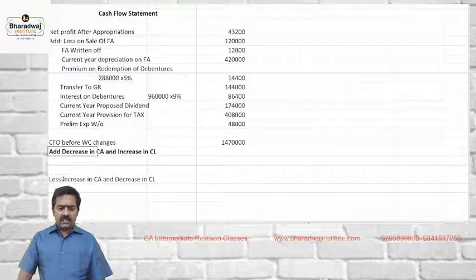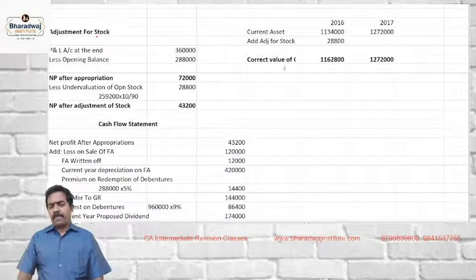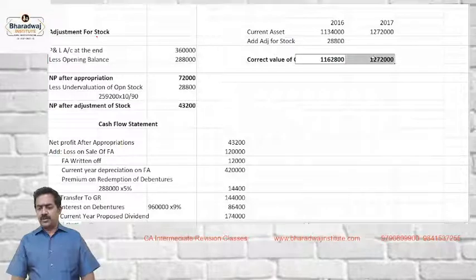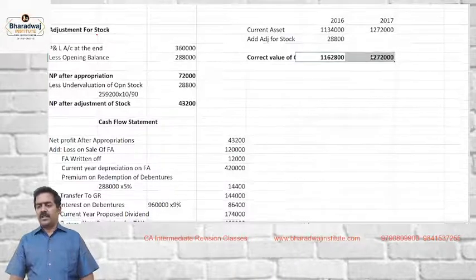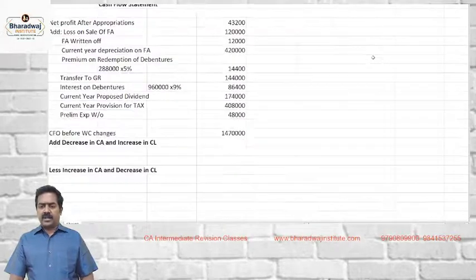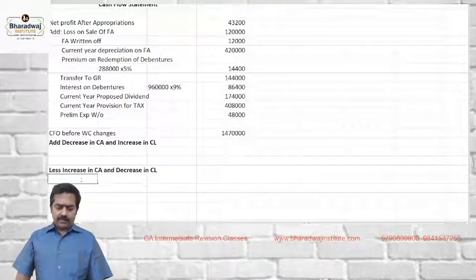I hope we are not given current assets and current liabilities separately. Okay. This one, current assets, you have to compare these two values: 11,62,800 and 12,72,000. So there is a 1 lakh increase in current assets.